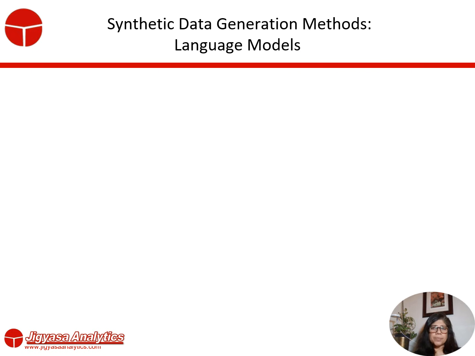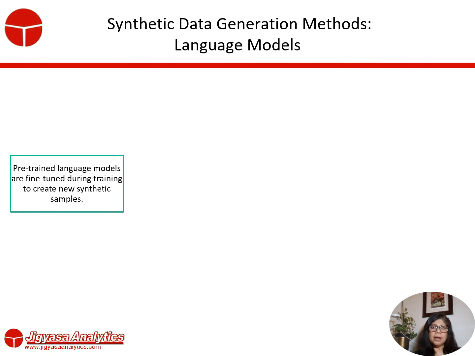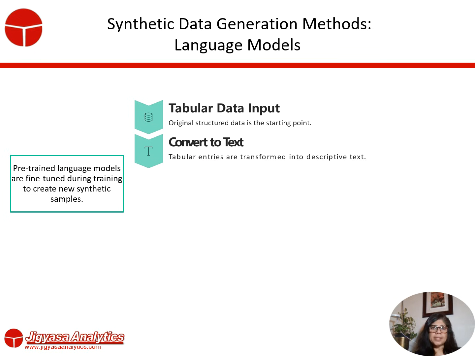One of the models we experimented with creates synthetic tabular data using a large language model. To allow a large language model to work with tabular data, we first have to convert the tabular data to a textual format. For instance, suppose the tabular data contains a value of 3 for the variable number of inquiries in the past 6 months.